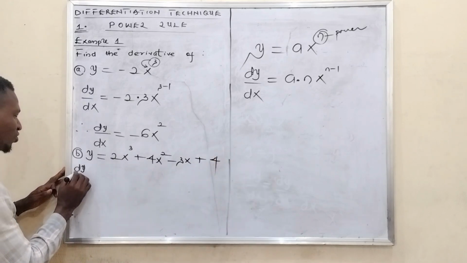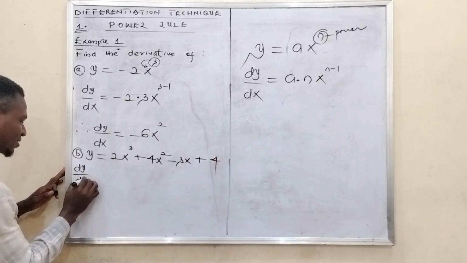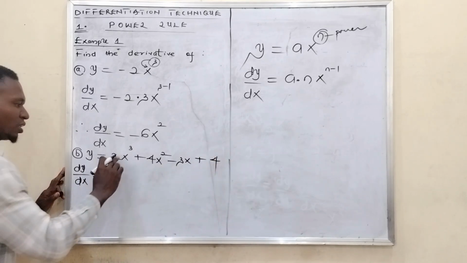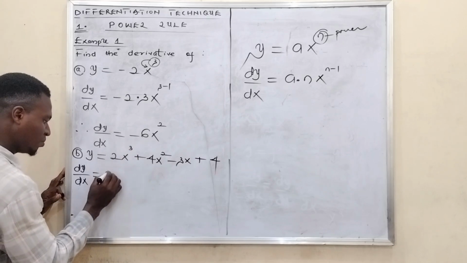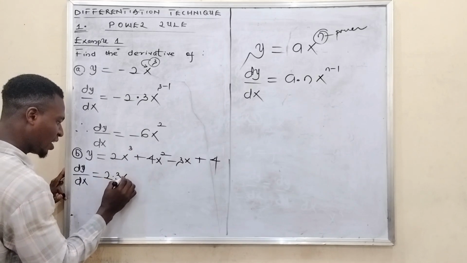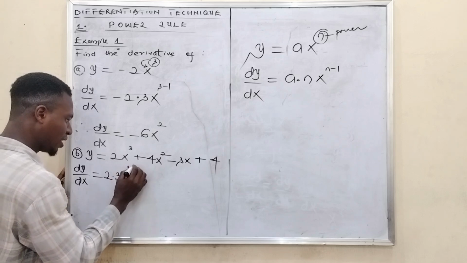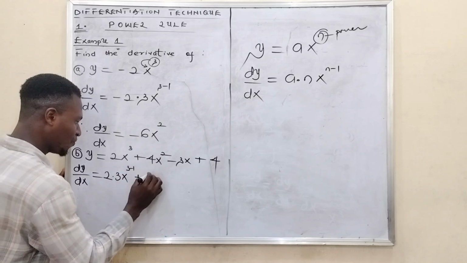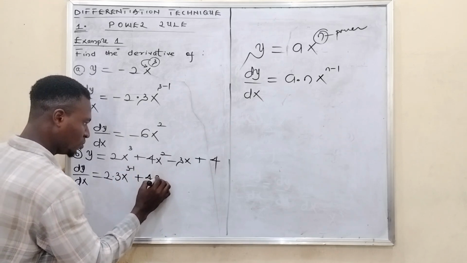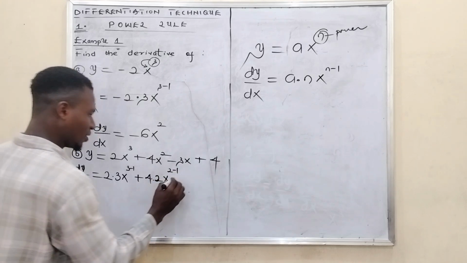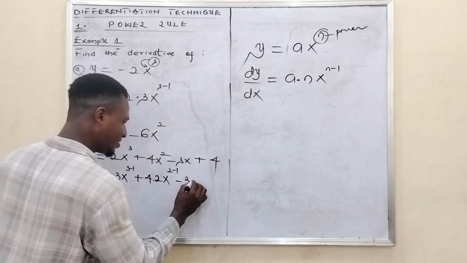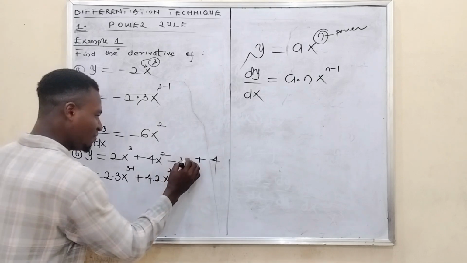So in this case, we have dy/dx is equal to the derivative of 2x raised to the power of 3, which is given by 2 times 3x raised to the power of 3 minus 1, plus 4 times 2x raised to the power of 2 minus 1, minus 3 times, the question is, you have x here.